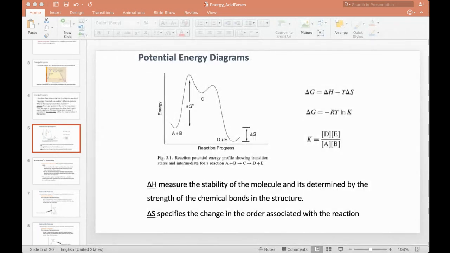2 steps. Okay, so the first step, is it endothermic or exothermic? The first step of the reaction is endothermic, as you just said. It's a combination of A plus B into Z, so this is an endothermic step.